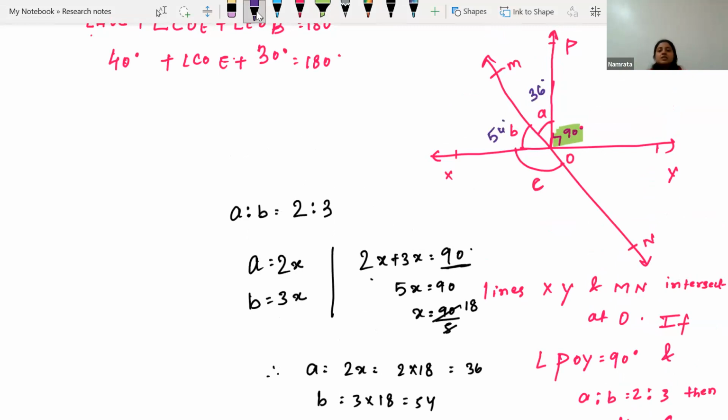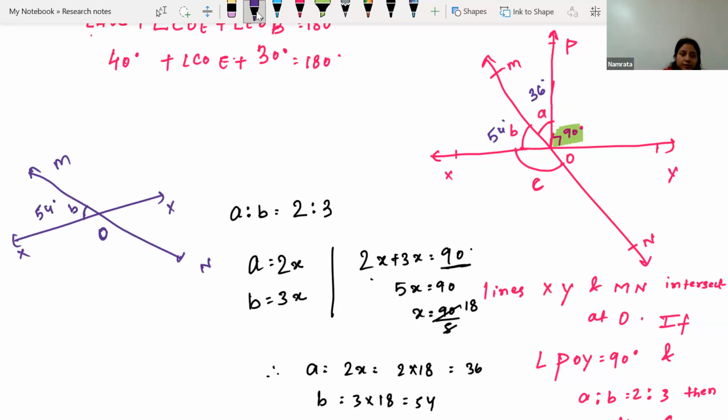Now we have to find C over here. So if we focus on the fact that XY and MN intersect each other at the point O. Here we are having B, which we have found as 54 degree.